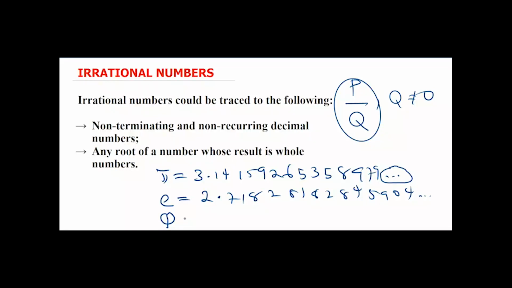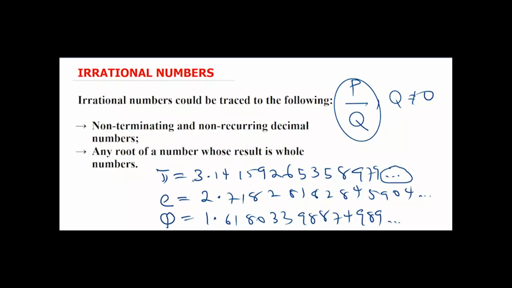The value is 1.61803398874 and so on and so forth. This is also a non-terminating, non-recurring decimal number, and for that reason it is also an irrational number.